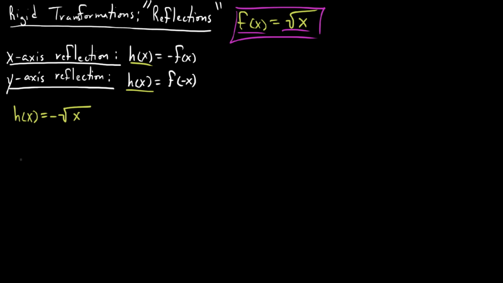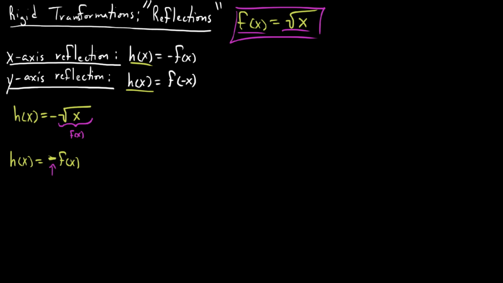So going back down over here, I'm going to point this out. We have the square root of x right here. That's the same thing as what we call the parent function f of x, except it's got a negative in front of it. So now we can rewrite this: h of x is really the same thing as negative of the parent function f of x, okay? You'll notice here that the negative is actually in front of this.